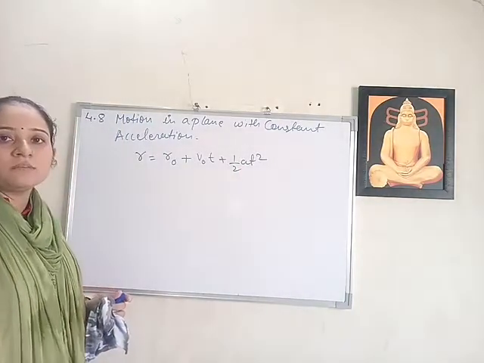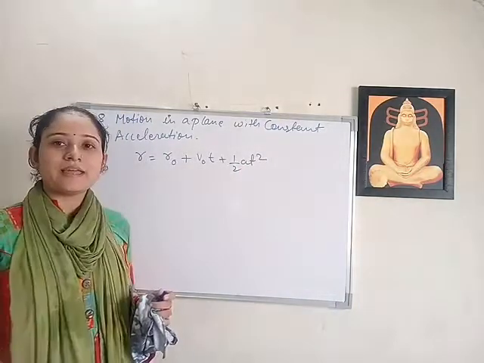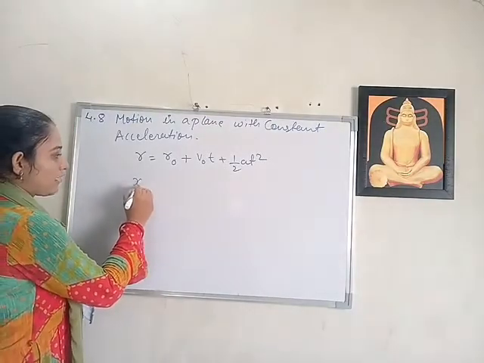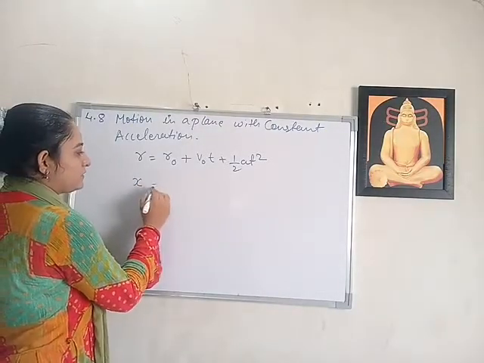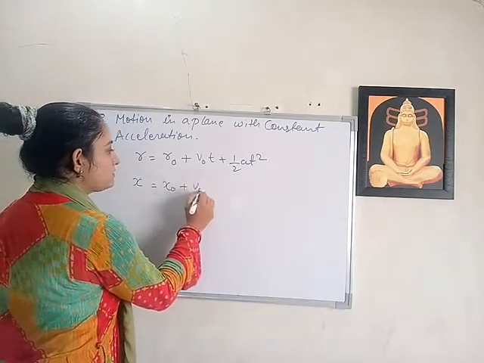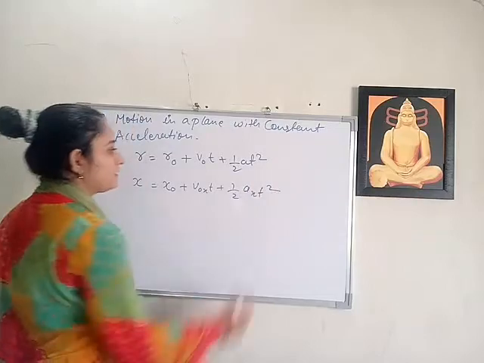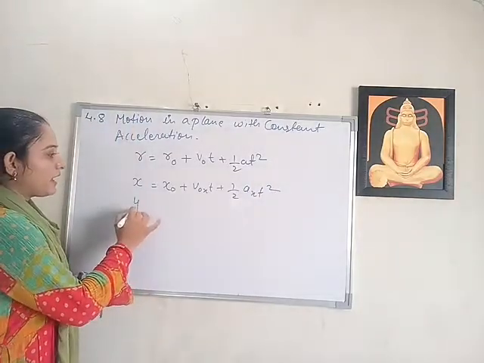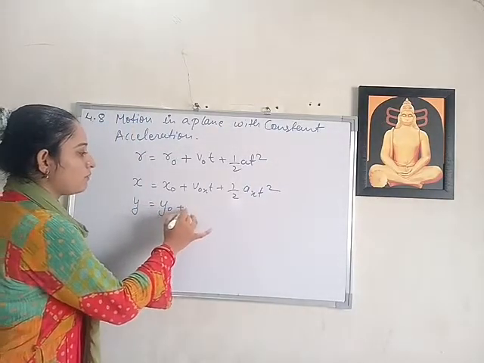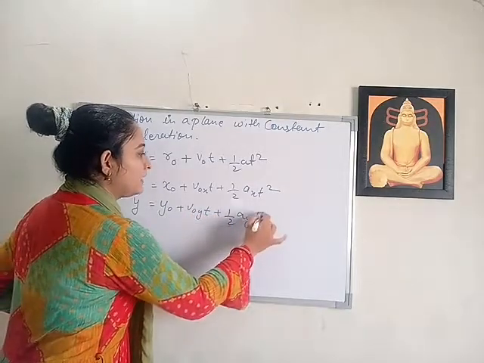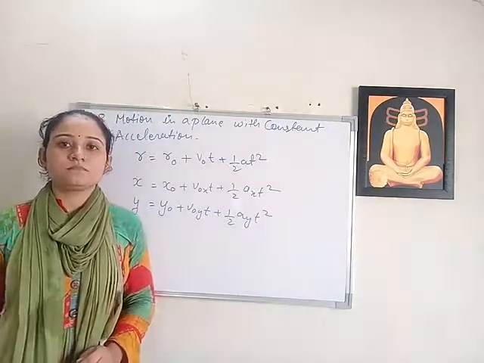It can also be considered in x and y for the displacement. So along x, the displacement x will be equal to x0 plus v0xt plus half axt square. And for y, it can be y0 plus v0yt plus half ayt square.